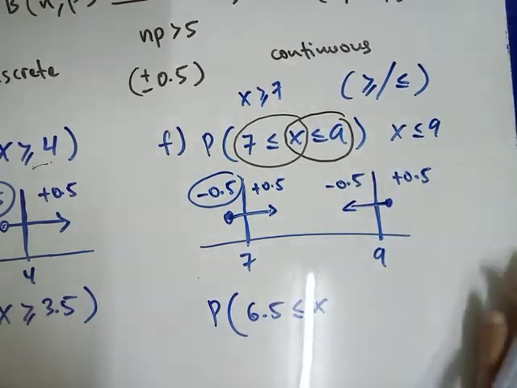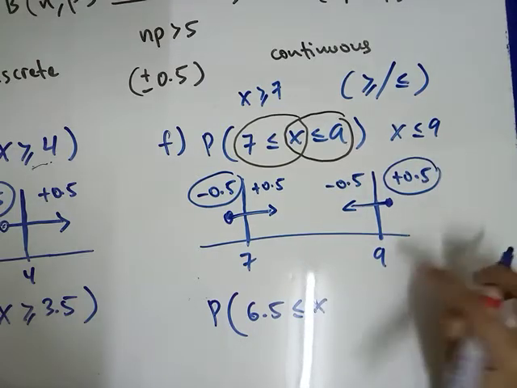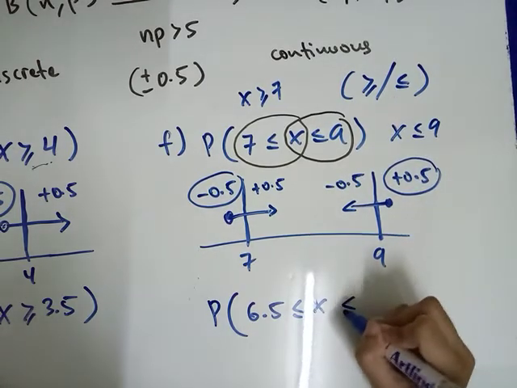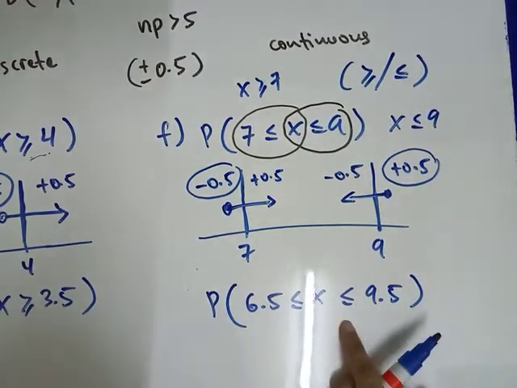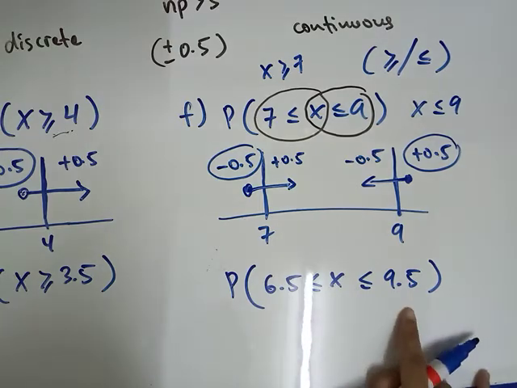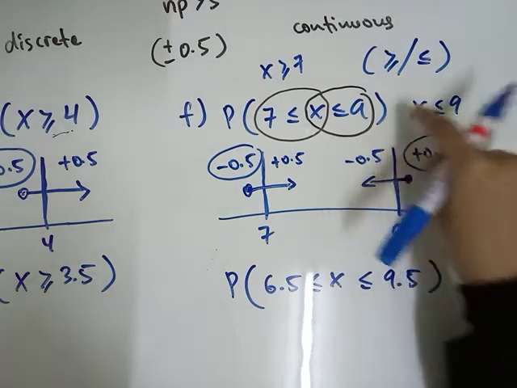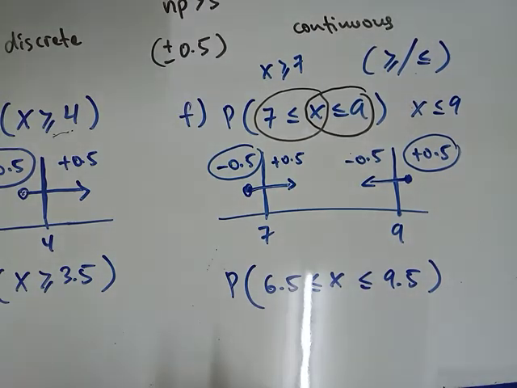That means kedudukannya pada plus 0.5. So 9 plus 0.5 is 9.5. Okay, this is the new probability that you need to find. X in between 6.5 and 9.5. From binomial to normal. Okay, you found now?